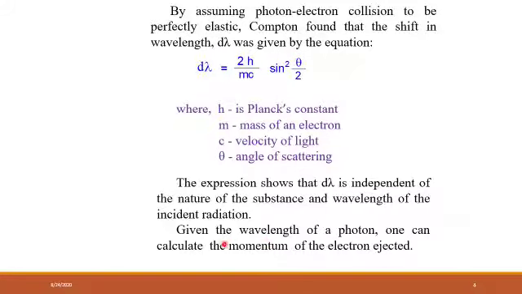The expression shows that d lambda is independent of the nature of the substance and the wavelength of the incident radiation. Given the wavelength of a photon, one can calculate the momentum of the electron which is ejected.